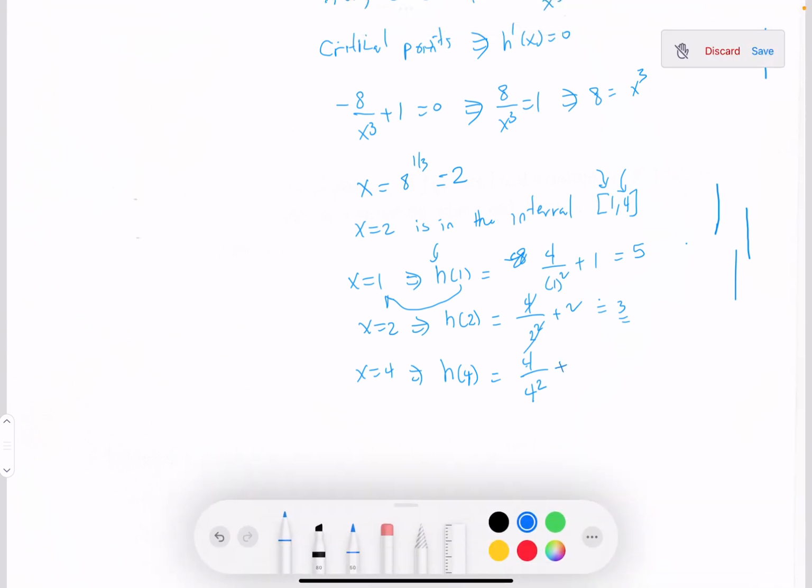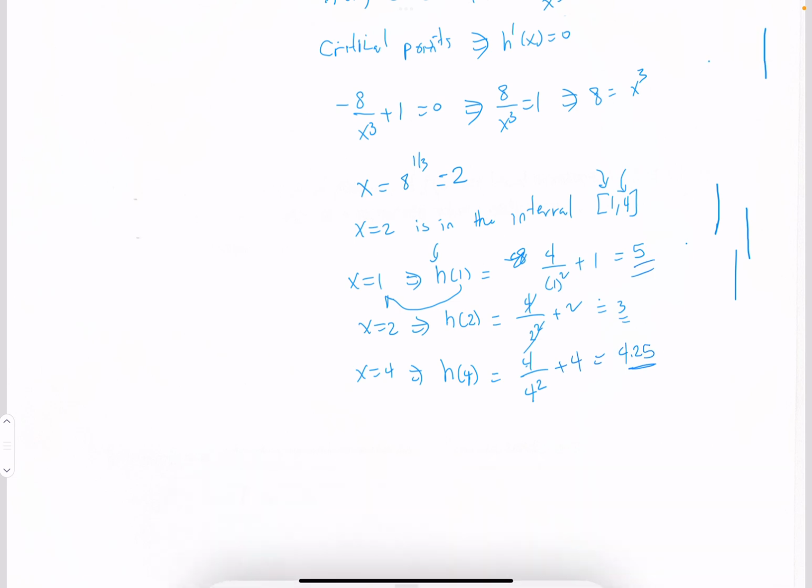So 4 over 4 squared means 1 over 4, and it is 4.25. This is the function h at the right endpoint 4.